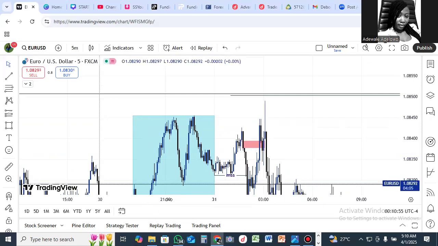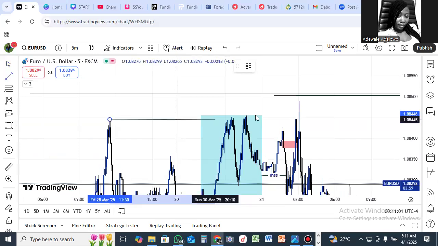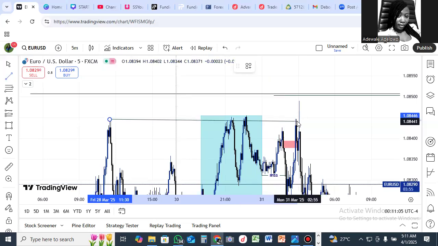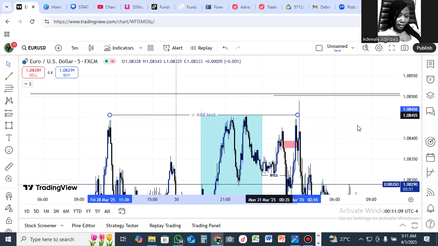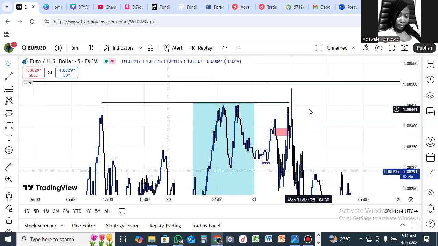My eyes opened, and I realized there is no valid market structure shift without a sweep of liquidity, guys. If there is no sweep of liquidity, don't see a market structure shift as a valid market structure shift.